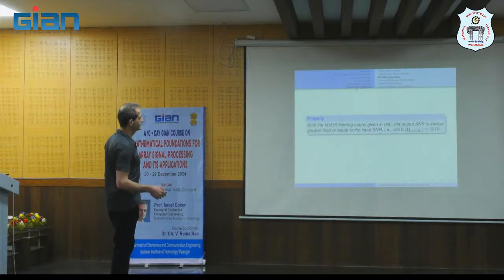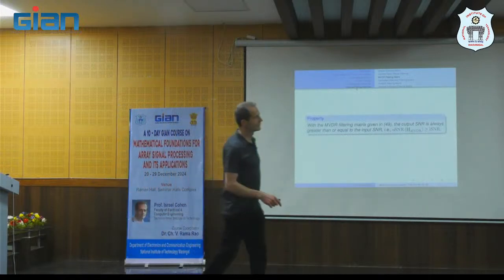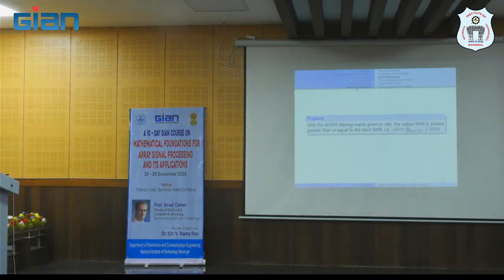And the nice thing is that the output SNR with MVDR is always larger than the input SNR. Okay? So even if you take all these components, you see the maximum SNR is obtained with the first component.